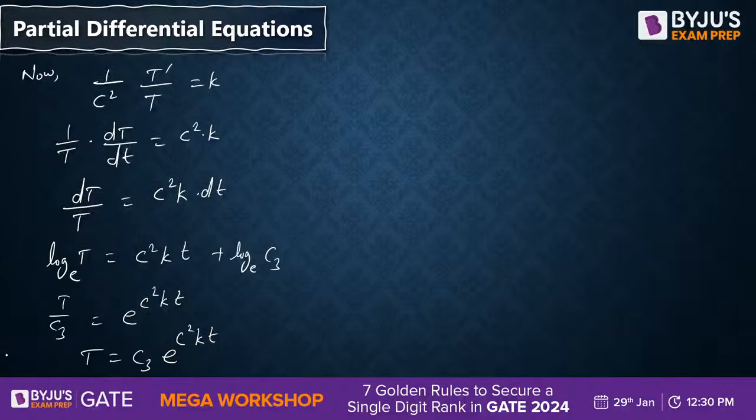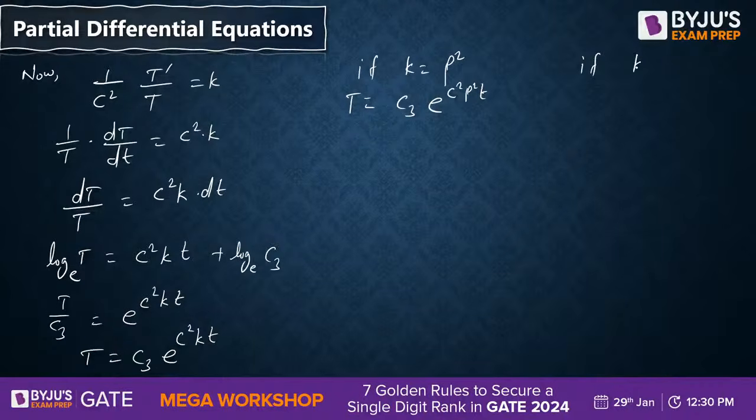Now what is our k? K can be minus p square and plus p square. If k is plus p square, then T will be c3 e raised to c square p square t. And if k is minus p square, then T will be c3 e raised to minus c square p square t. Correct? So these are the two possibilities.